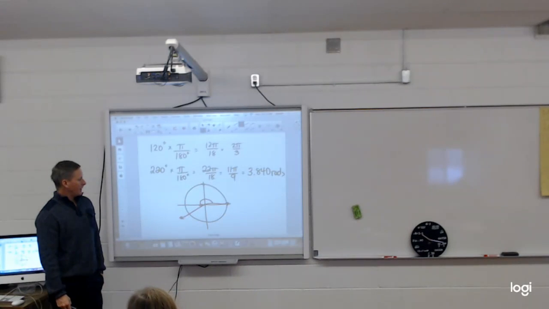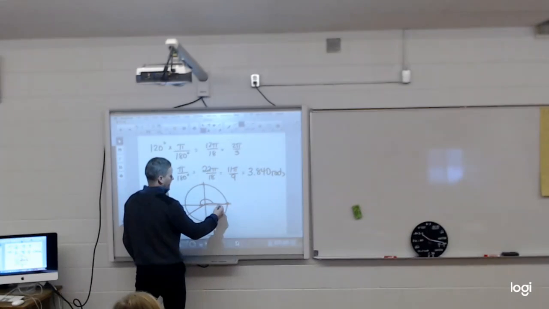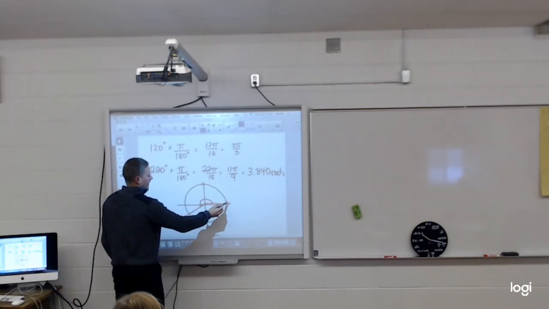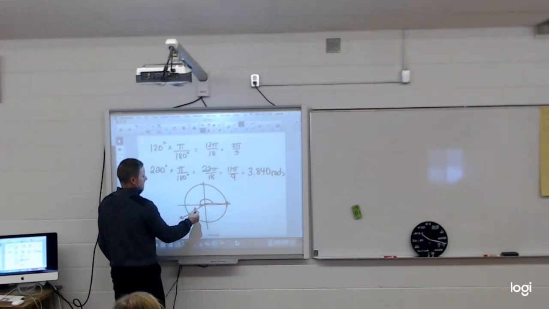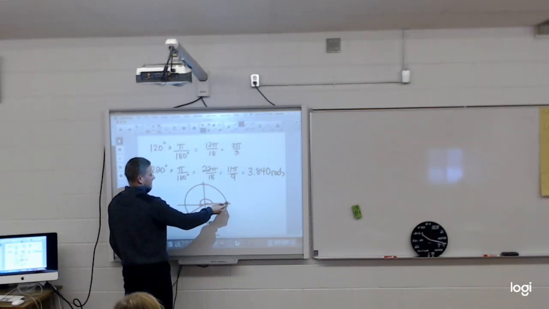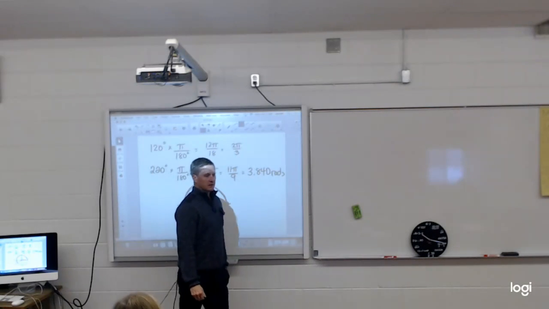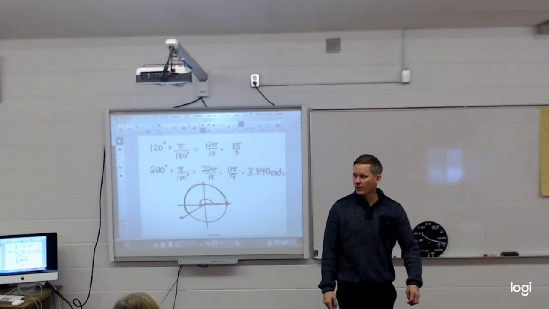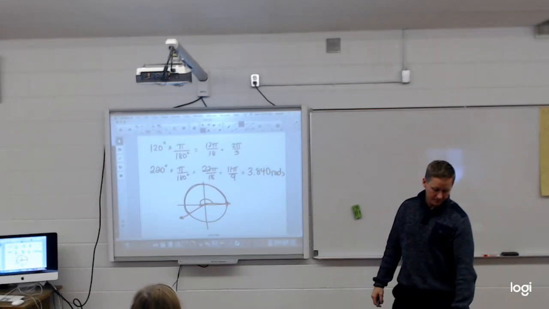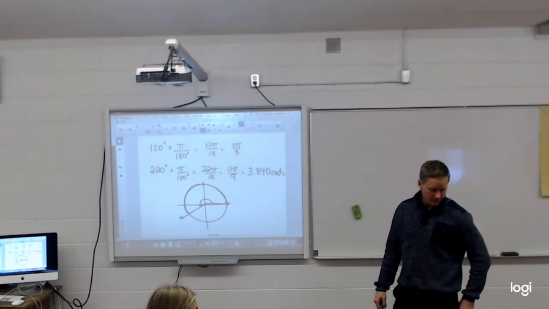By quadrants, yes. I always start with my terminal arm. This is called the terminal arm right here. It starts on the positive x-axis and goes counterclockwise to make the angle. We'll do a little more with that.